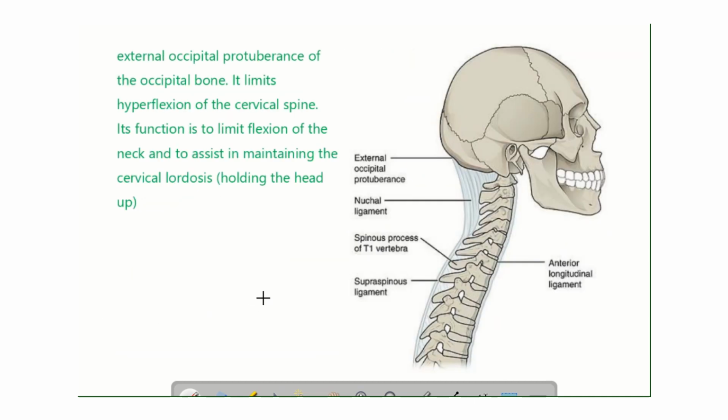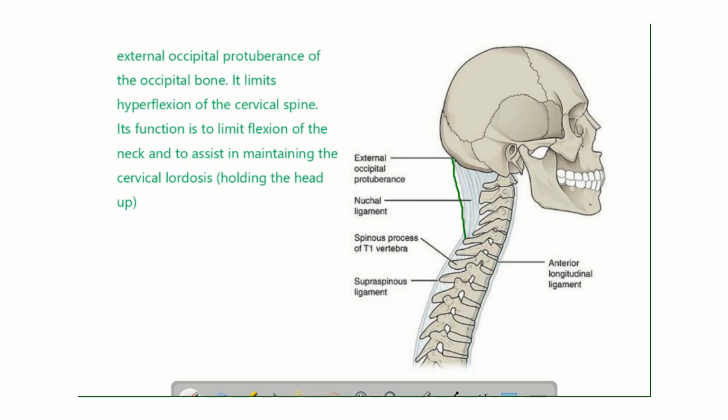This is another ligament called the nuchal ligament. It is stretched from the external occipital protuberance to the spine of the seventh cervical vertebra.